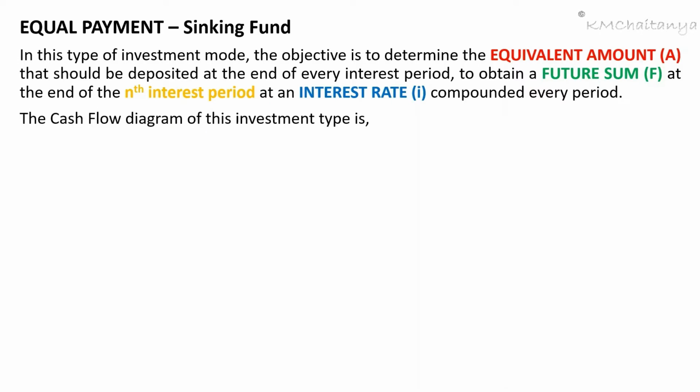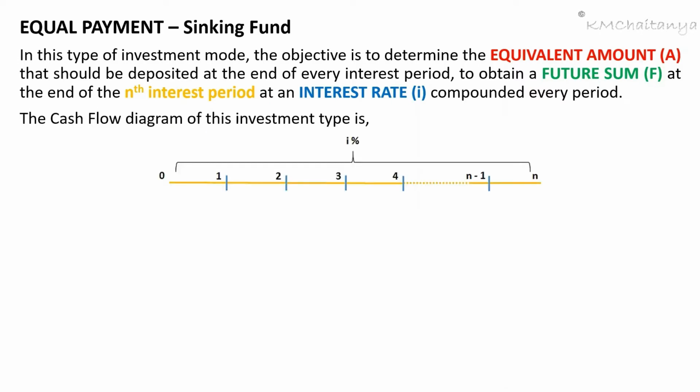The cash flow diagram of this investment type is, we have a timeline. We know what is the future sum we are supposed to get at the end of nth interest period. For this, we need to determine how much we need to invest at the end of every interest period up to nth interest period.